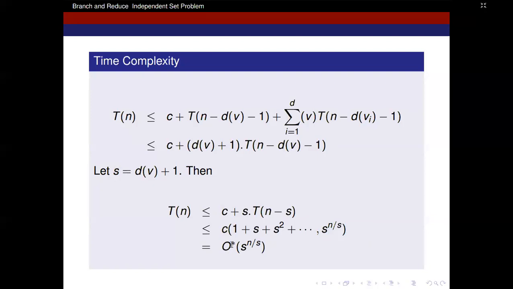Here we take O star because we consider that c absorbs any polynomial functions also. Is it clear? Everybody is okay?